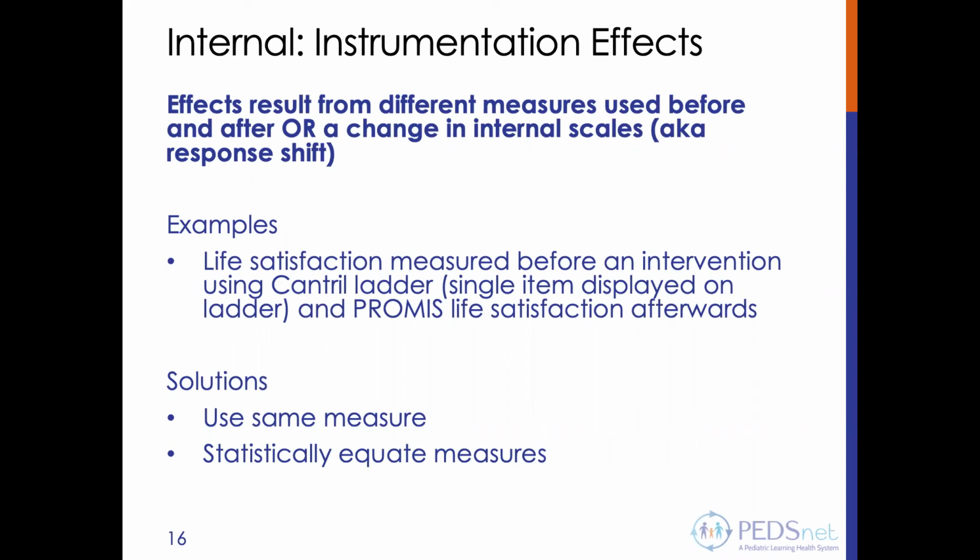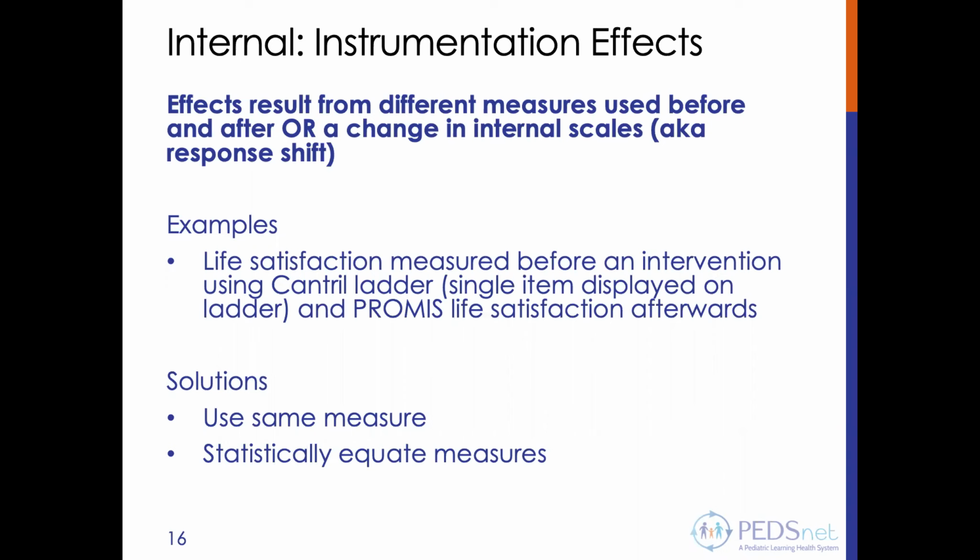That item worked well for kids, but now they're moving into adulthood, and you say, well, I want to give the PROMIS life satisfaction scale. Those are different measures, and you might see a change simply by virtue of changing that measure. Obviously you can use the same measure to mitigate that, but you can also do what's called statistical equating. I'll get to that in a sec.